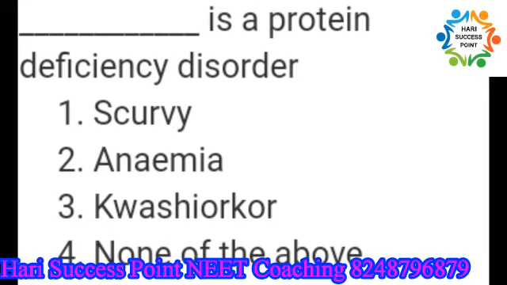Anemia results from the lack of iron in the blood, or due to a low level of blood. And come to kwashiorkor, it is a type of primary protein energy malnutrition. It is a condition that results from the lack of proteins. So the correct answer to the question is kwashiorkor.